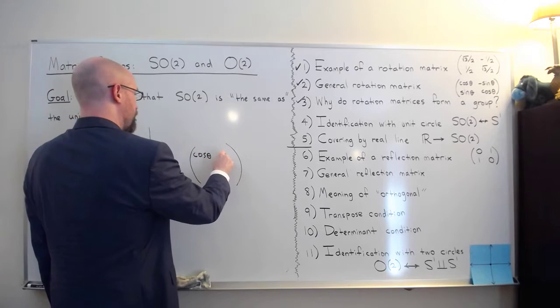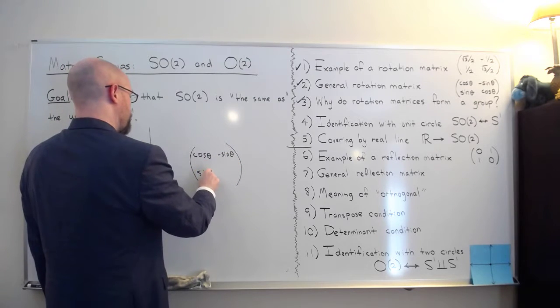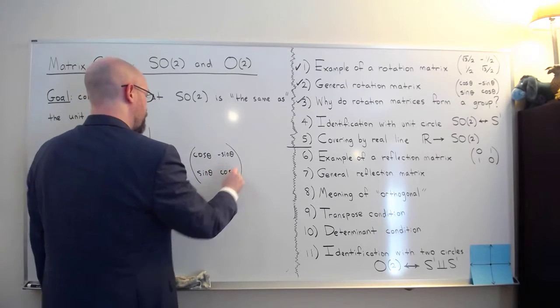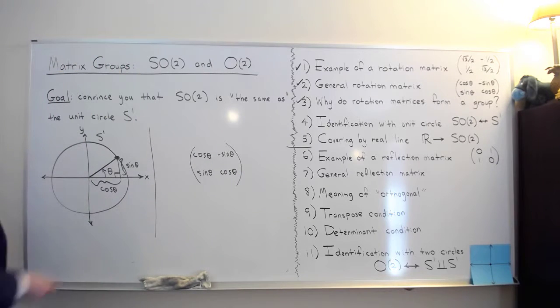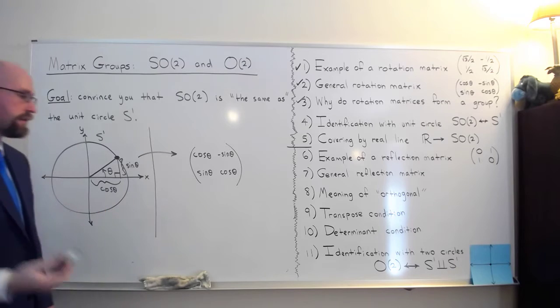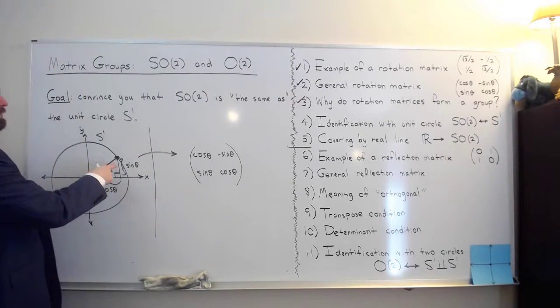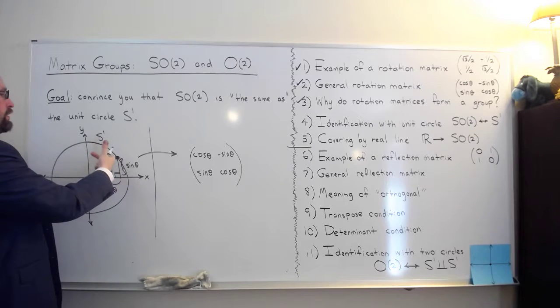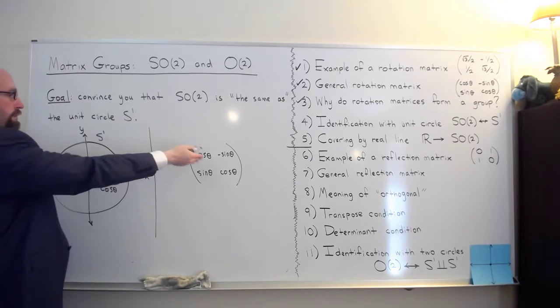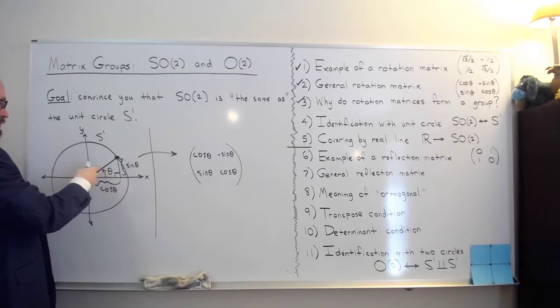Cosine theta, minus sine theta, sine theta, cosine theta. So I've gone from this point on the circle and I've gotten a rotation matrix. Now it's unique. There's no ambiguity in what that angle is. It's this particular one here.